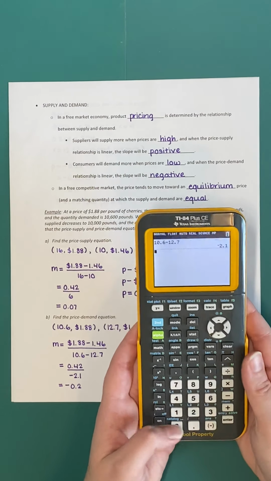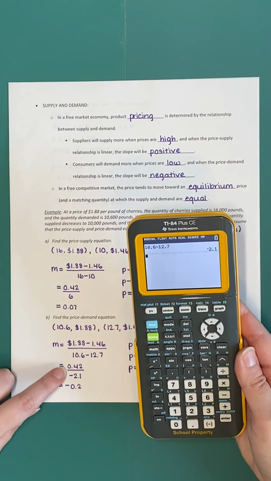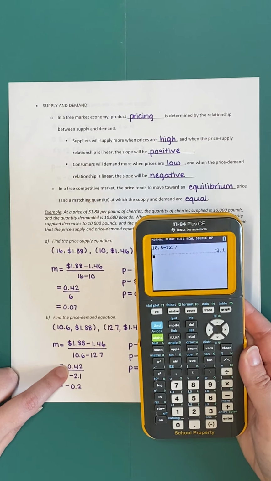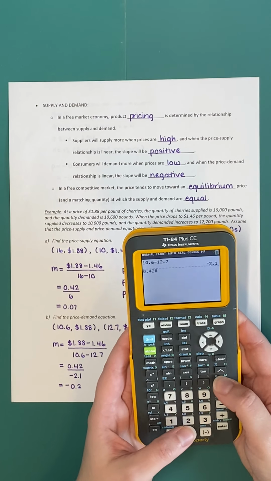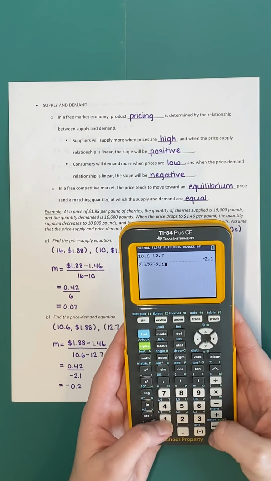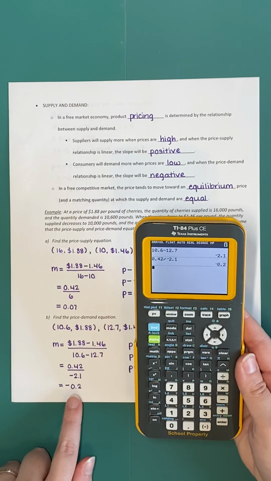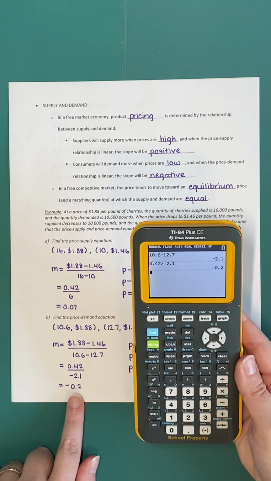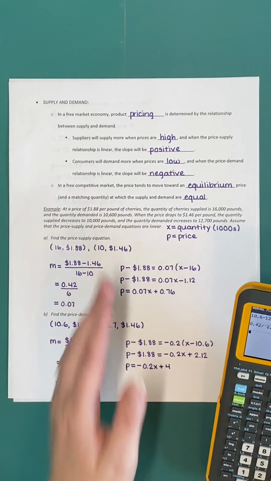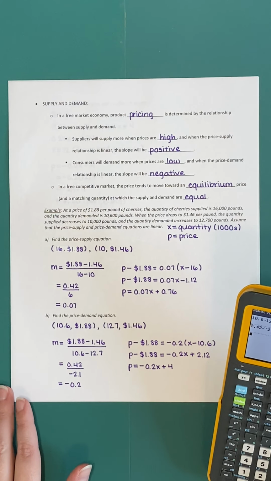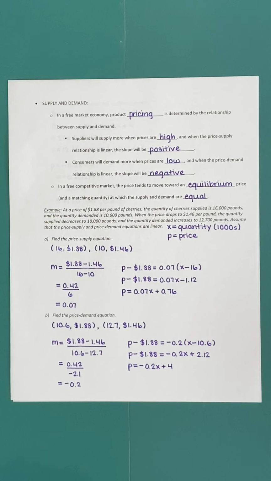So our numerator is still the same thing because we still have the same y values, the same outputs, 0.42, and now we're dividing it by negative 2.1, which gives us a negative slope, which means that this particular line, if we were to graph it, is going to be sloped downward, which is standard for demand.